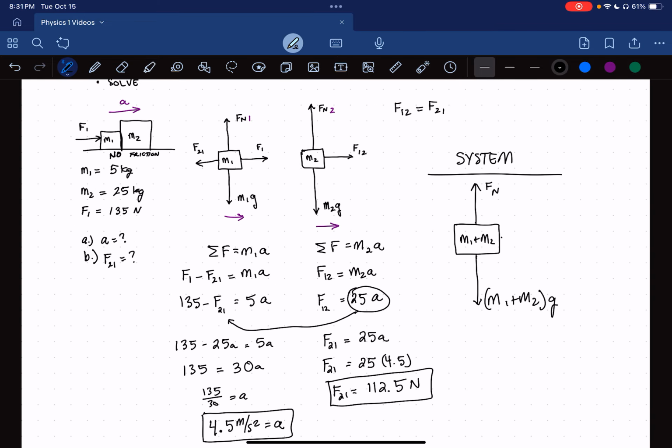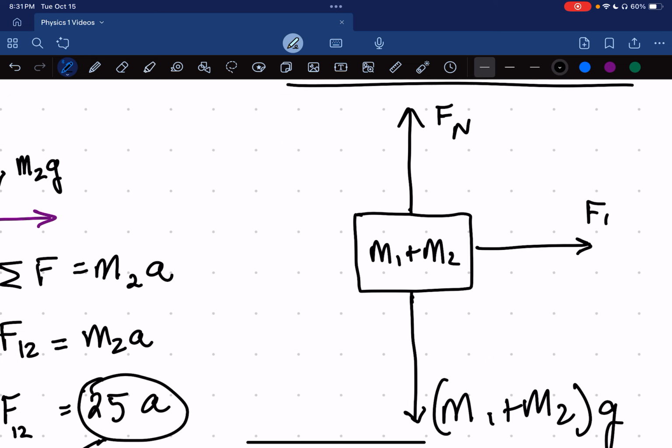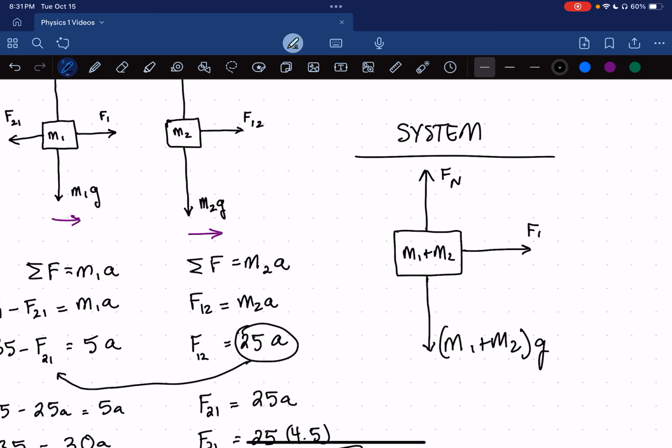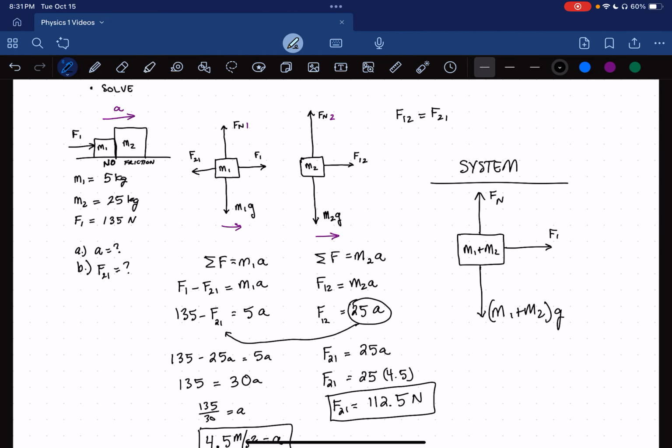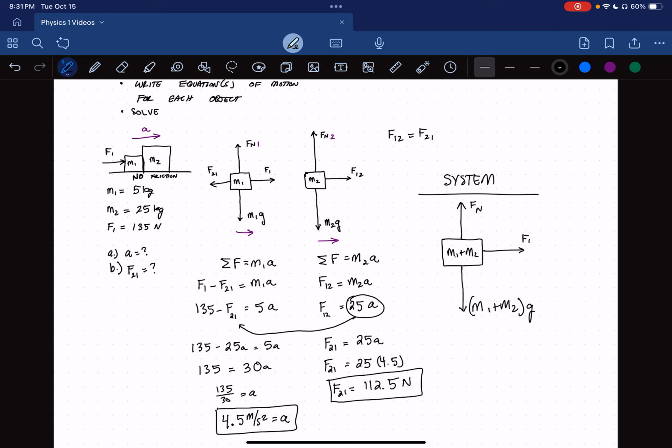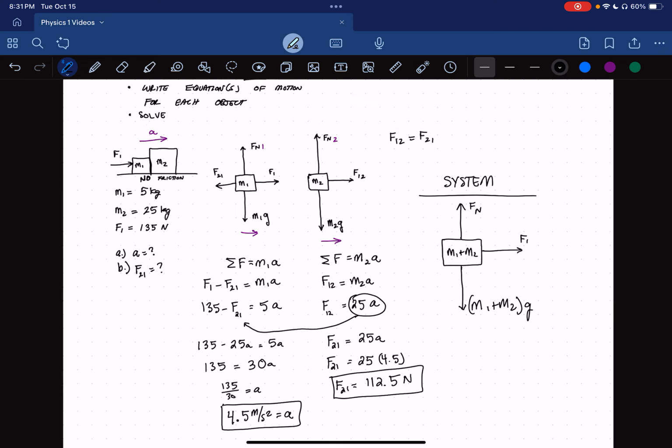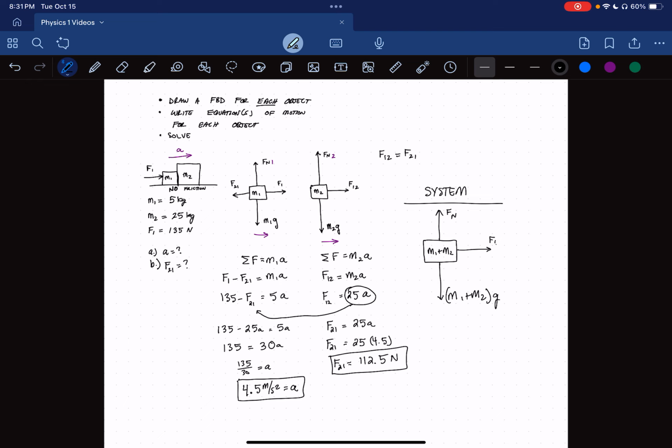And now we're pushing this with a force F1. It's a little tricky connecting all these lines with this pen here. So anyway. And so if we want to figure out the acceleration of the system, which is mass 1 and mass 2 combined, then the only force we need to include is F1.